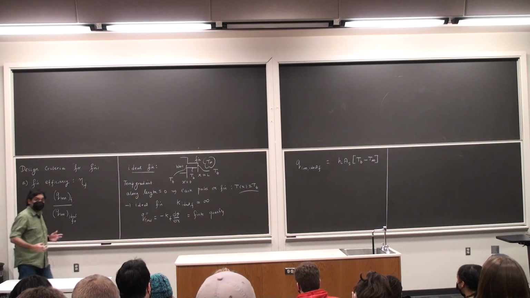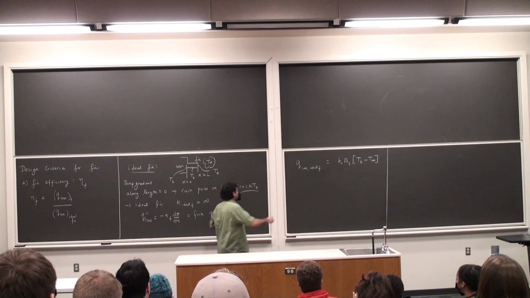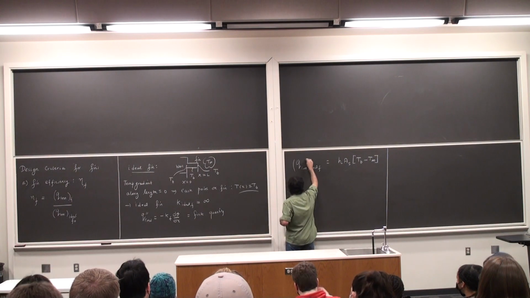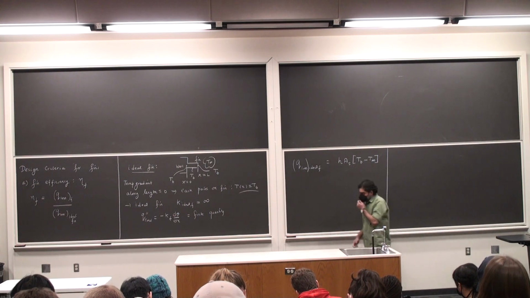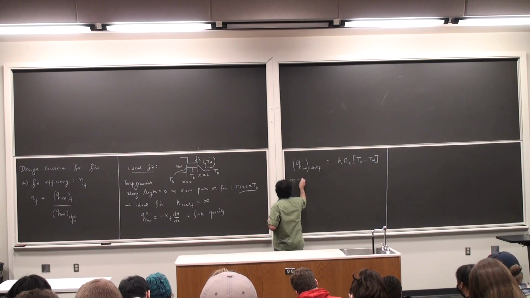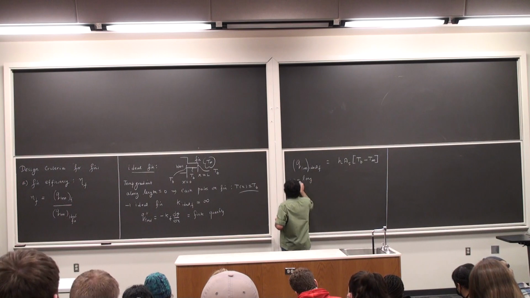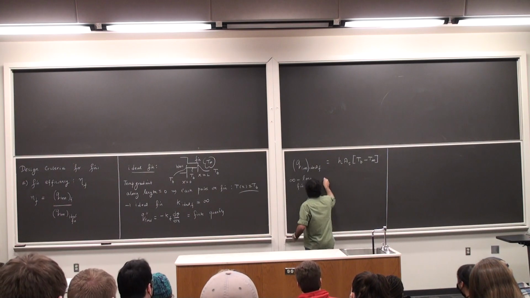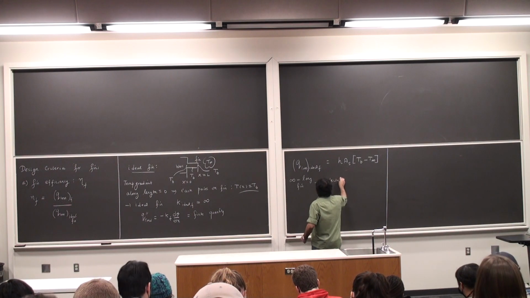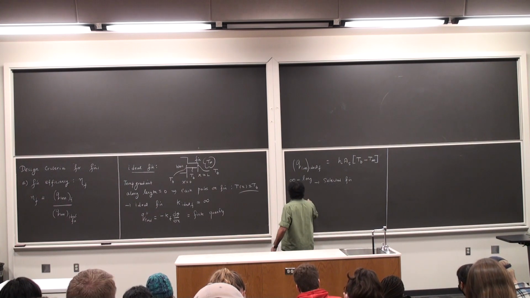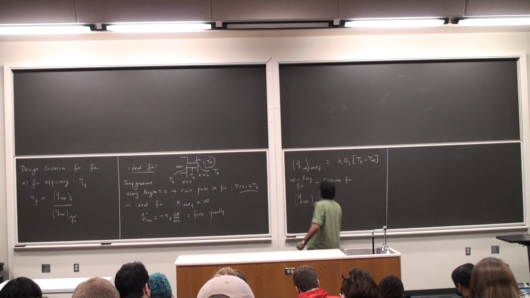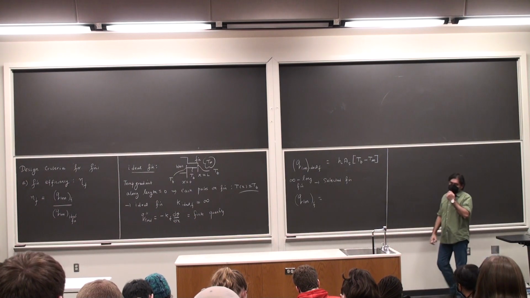If I look at the heat loss rate for an actual fin, okay, let me select an infinitely long fin because it's the easiest of the lot. This is a selected fin. Q loss. For such a fin, we have derived this expression before.